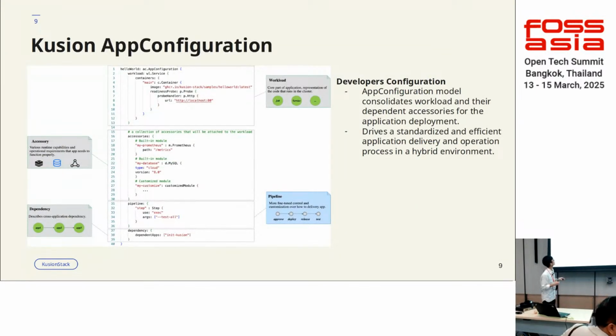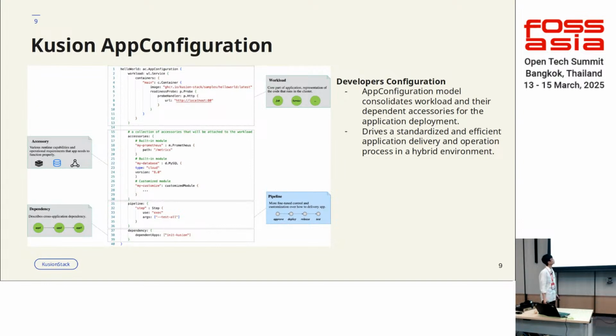And here comes the Fusion application configuration. The app configuration model serves to unify the workloads along with their associated components required for application deployment.